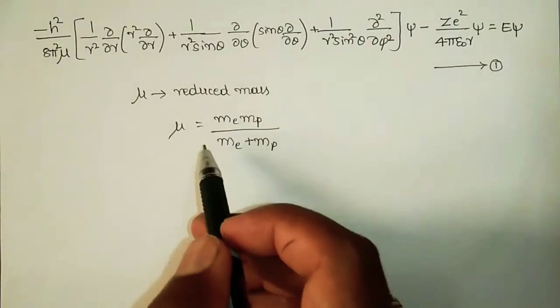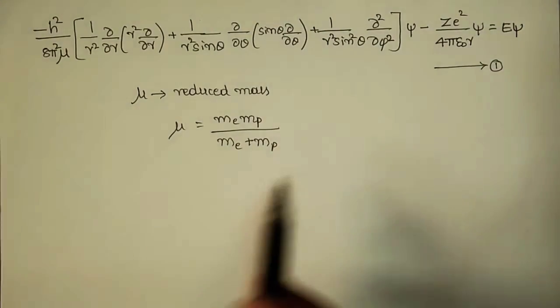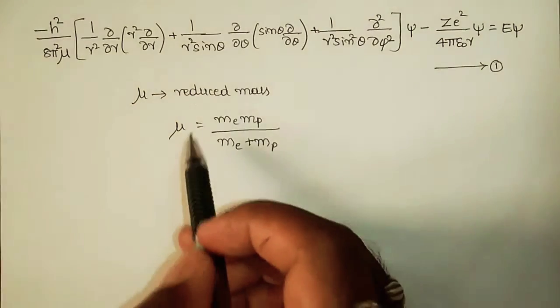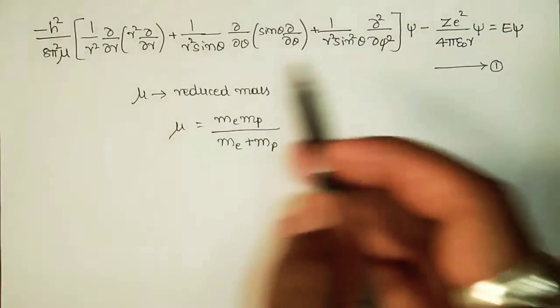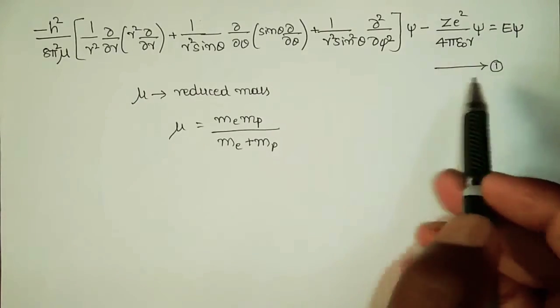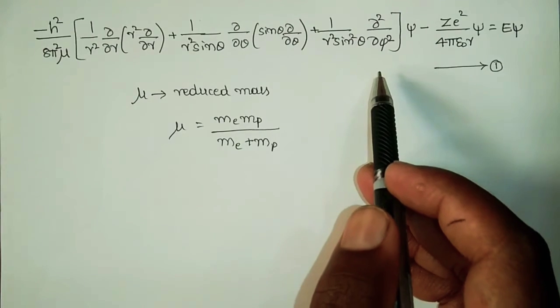This is the way we can calculate the reduced mass. In order to get the details of the hydrogen atom regarding the electron, we are supposed to solve this Schrodinger wave equation, that is equation 1, which we have generated.